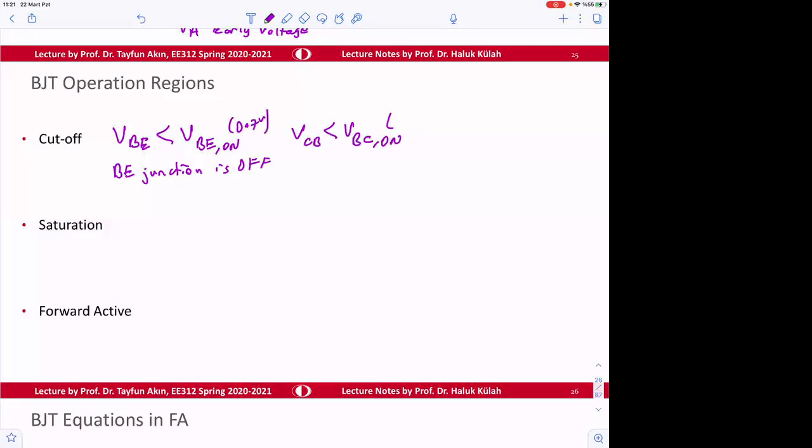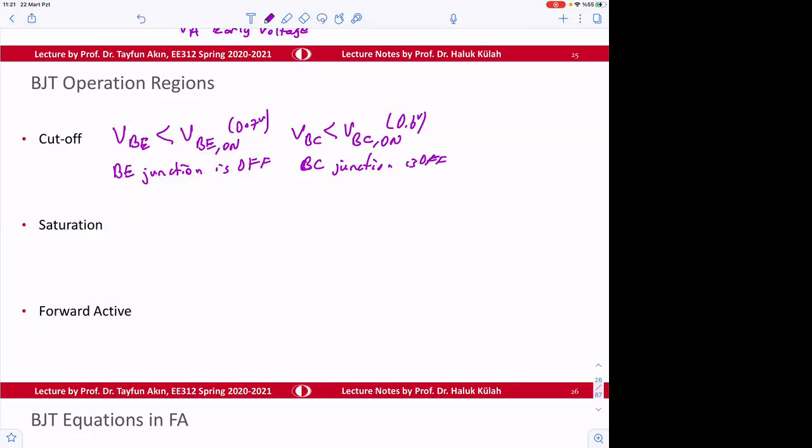For practical things, this is not going to be 0.7. This changes actually, so we can call this thing 0.6 volt or so. And that means the BC junction is off.